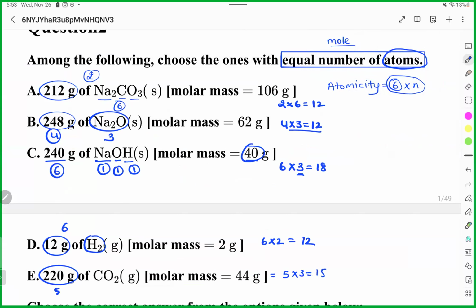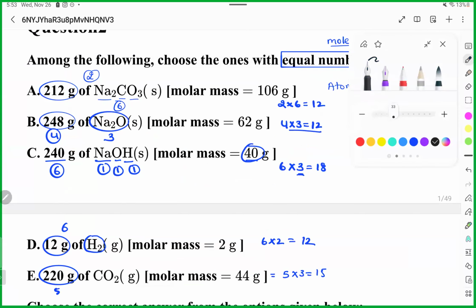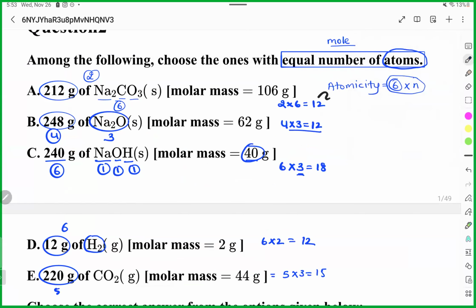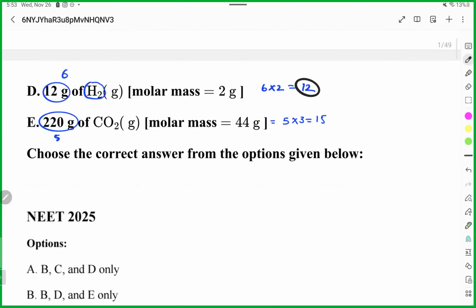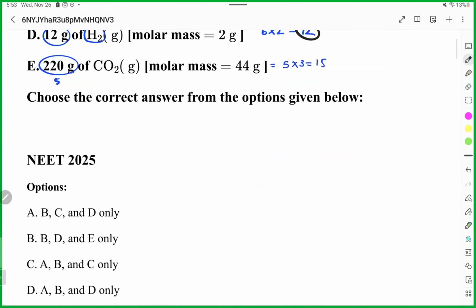Now you have to tell where you have equal number of moles. Here you have 12, 12 and 12. Tell me, in A, B, D number of moles are same? 12, 12 and 12. Check whether you have ABD in the option. Do you have ABD in the option?